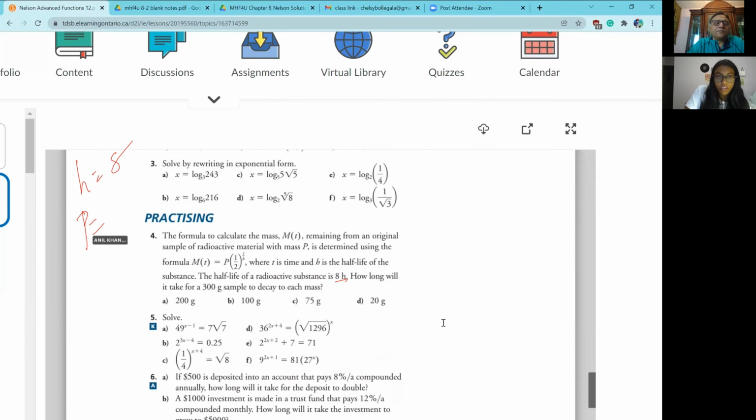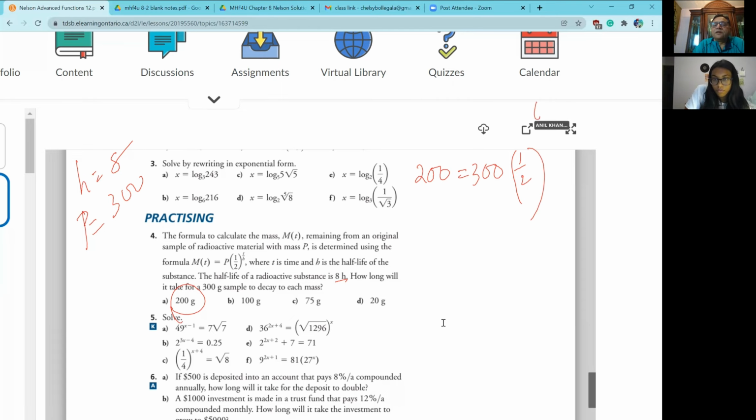Okay. So we know the initial value, which is 300 grams, and a half-life of 8 hours, to decay to 200. So we'll write the equation, plug in 200 for the final value, and then we'll solve it, right? So 200 equals the equation where p is 300 and half-life is 8, and t is what we want to figure out.